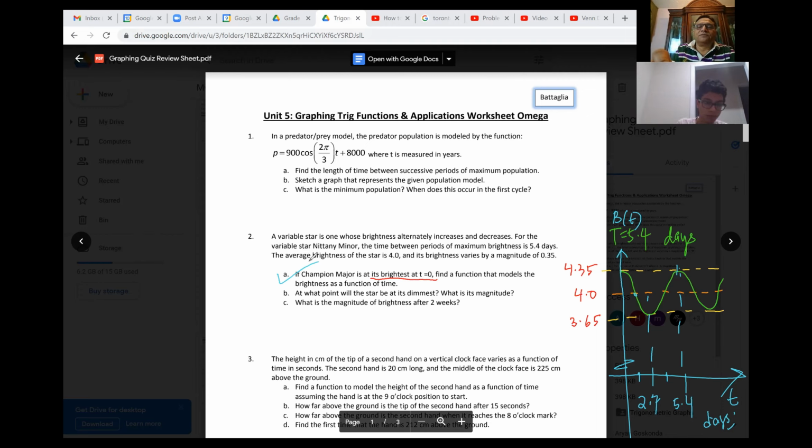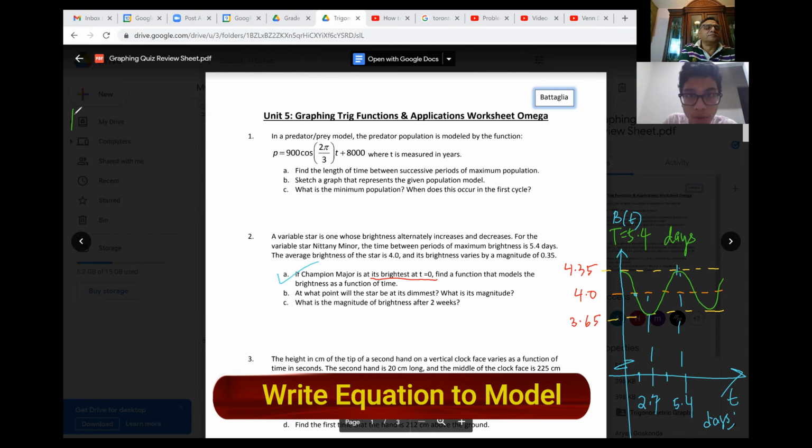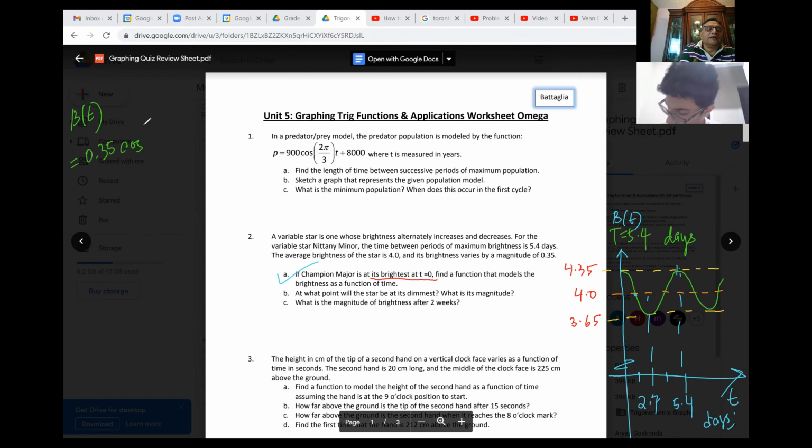Can you please write down the function for this? So amplitude here, 0.35. Cos of the k value. So the k value is, wait, the time period is given to us as 5.4.